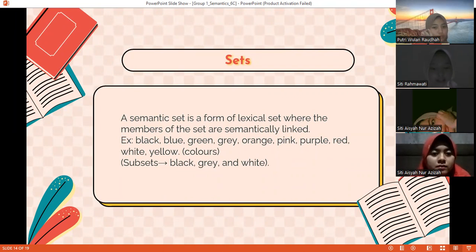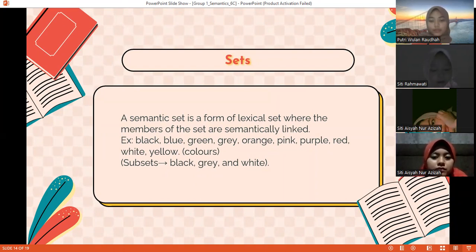The last is semantic set. A semantic set is a form of lexical set where the members of the set are semantically related. A simple example would be colors: black, blue, green, gray, orange, pink, purple, red, white, and yellow.